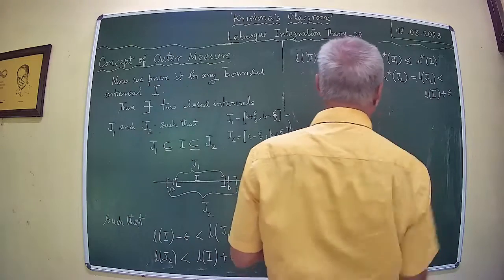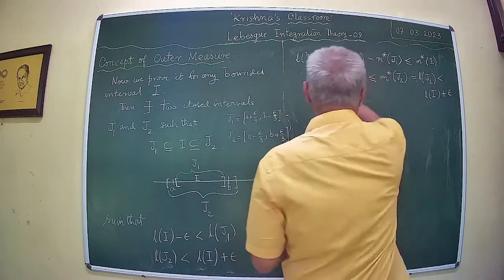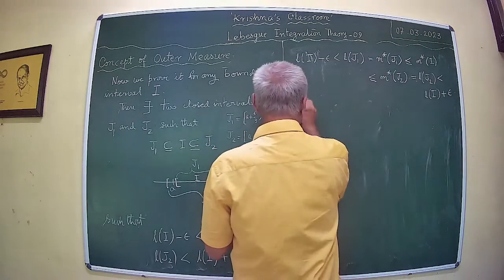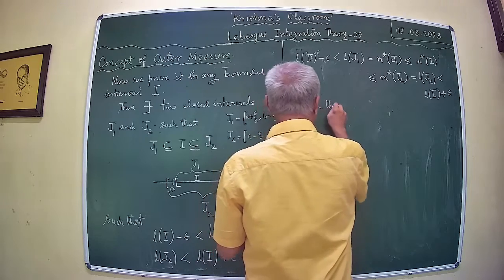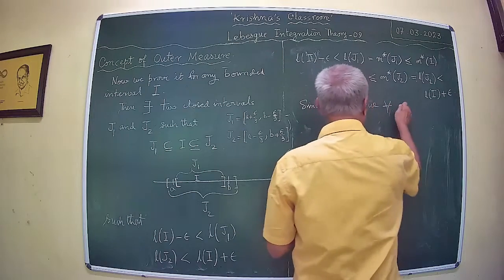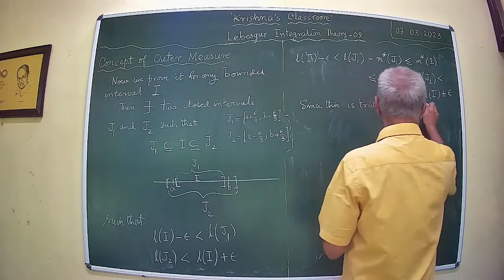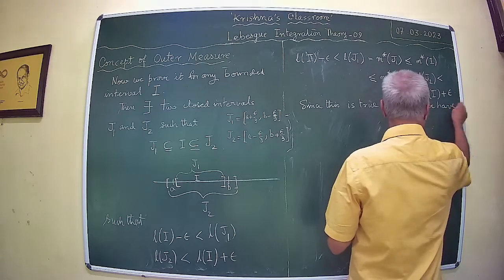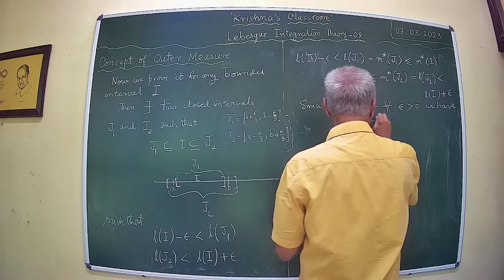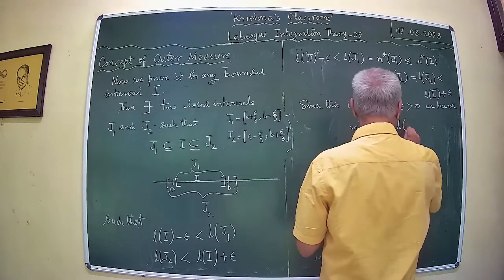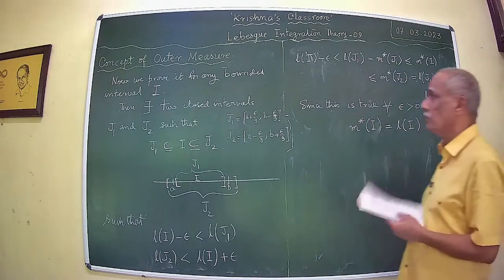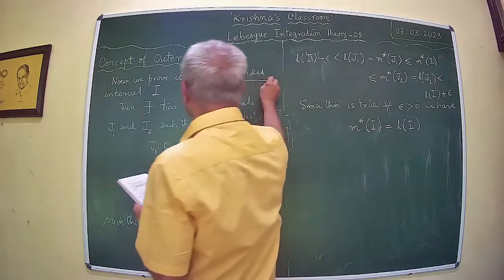So using this inequality, what does it follow? Since this is true for every epsilon positive, we have M star of I equals length of I. Therefore, we have now proved this result for any bounded interval.